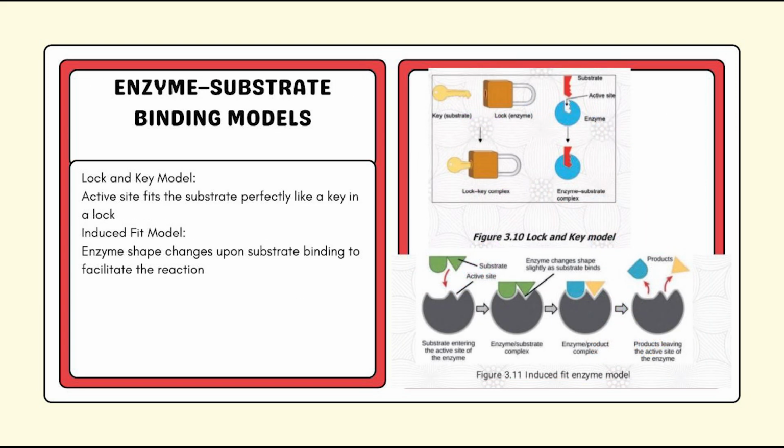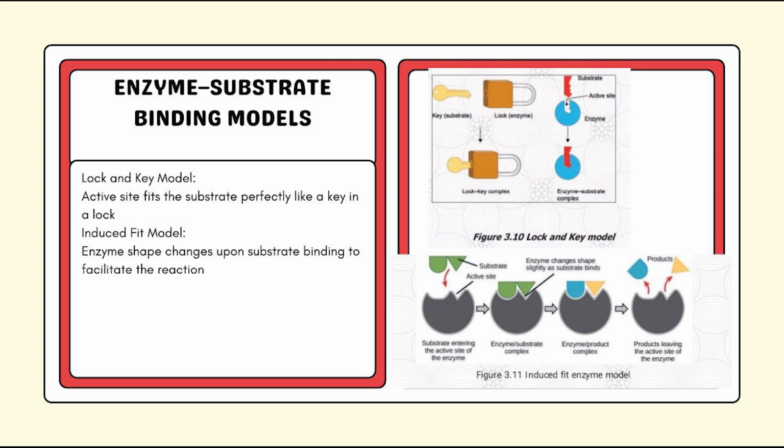Now let's talk about how enzymes interact with their substrates. There are two models to explain this binding. The first one is the lock and key model, and the second one is the induced fit model. The lock and key model suggests that the enzyme's active site is a perfect fit for the substrate, just like a key fits into a lock.